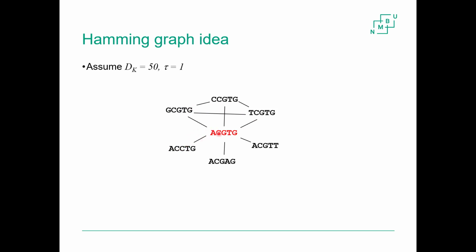But these will be connected, because they are not that different from the original. In this case we draw the limit at 1, but you could draw it at 2 or 3. This depends on how long the k-mers are. But remember this: there is one central k-mer which is very frequently occurring, and the others are rarely occurring.